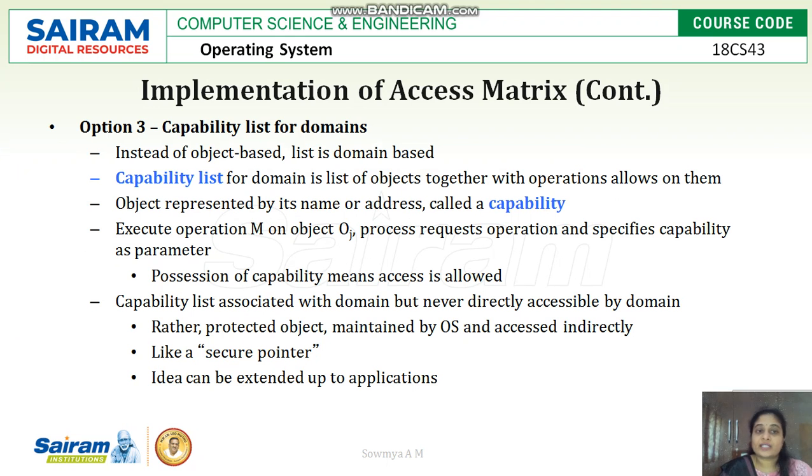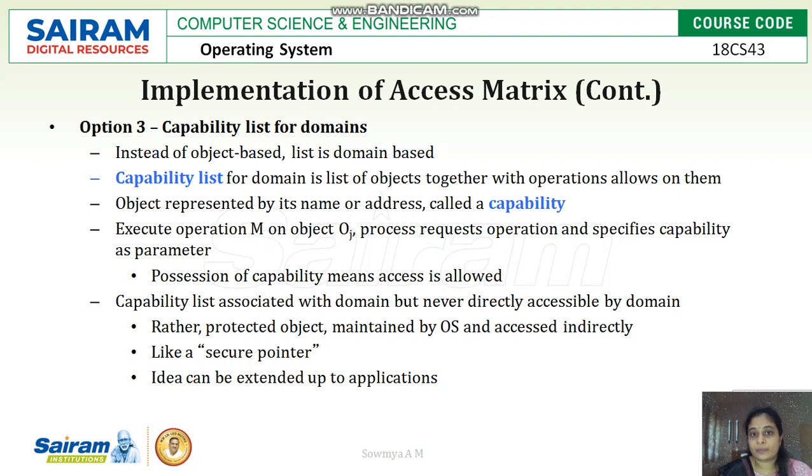The next one is the capability list for domains. The first method was very huge, where the table had an entry with triplets, which is reduced with the access list for object or for domain, which came to a pair of values for each column. But in the capability list it is even simplified.